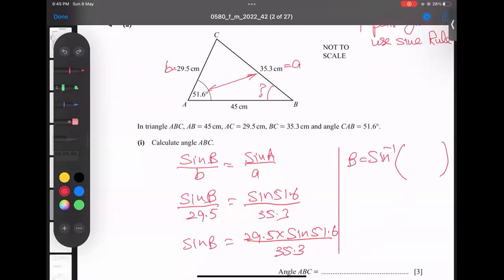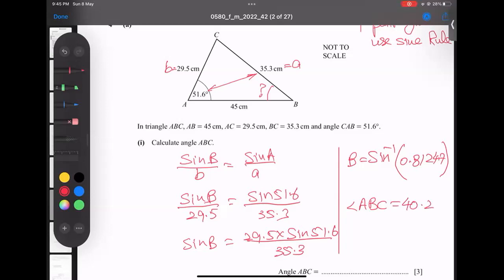And I'm getting the value inside 0.81247. Take the sine inverse of this. So angle ABC is, wait a minute. An answer is coming 40.2.